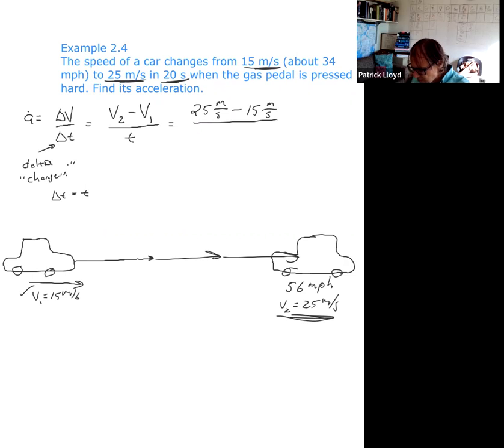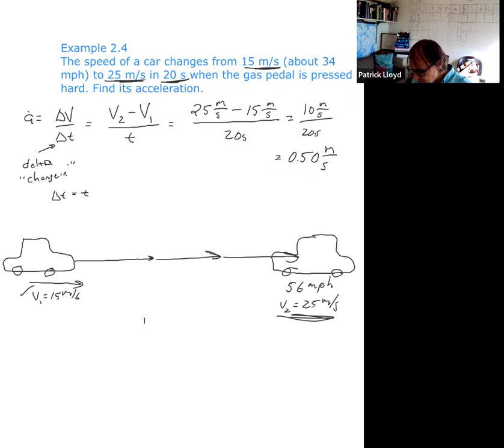Divide that by 20 seconds, and you get 10 over 20, right? 10 meters per second over 20 seconds. Well, that's a half, right? 0.5. We generally want to avoid putting a half or 2/4, or 3/6. We generally want a decimal number or scientific notation. So 0.5 or 0.50 meters per second, but it's per second divided by seconds.